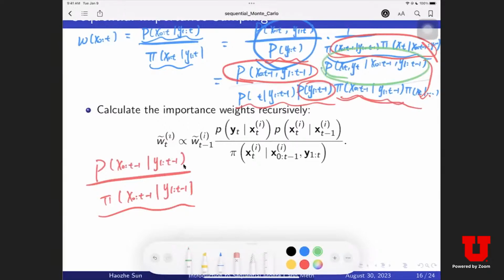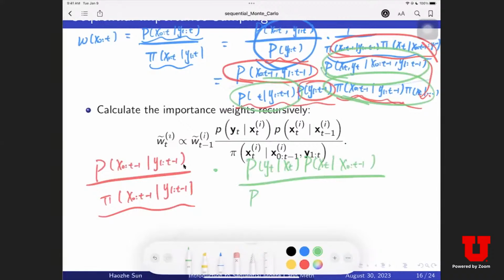So we will have this part and this part and this part, right? And we just put it here, and we can get the P, Y, T, S, T, P, P, X, T, S0, T minus 1, and get the P, Y, T, Y1, T1, pi, S, T, 0, TG, Y1, T. All right.